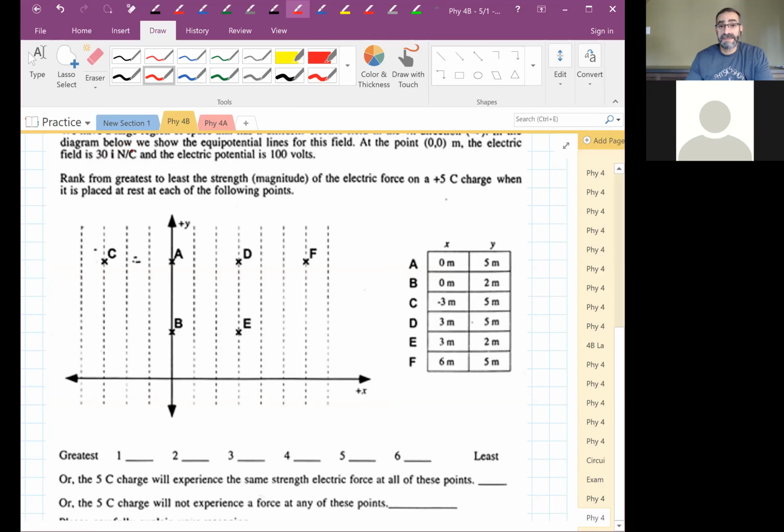Force is Q times E, right? If the field is the same everywhere, the force is the same everywhere.